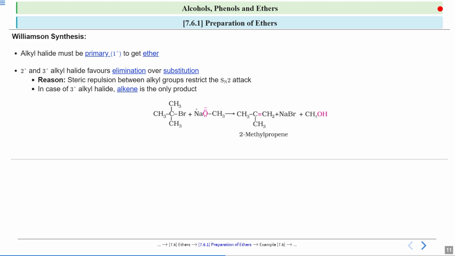In Williamson synthesis, if you want to get an ether, you should prefer 1-degree alkyl halide. When it reacts with tertiary butoxide, you get an ether. And when your tertiary alkyl halide reacts with this butoxide, you get an alkene and not an ether. I hope this is clear now.